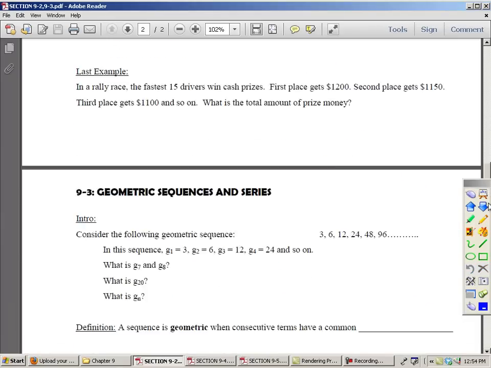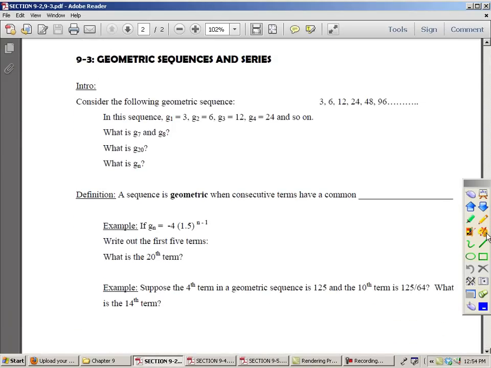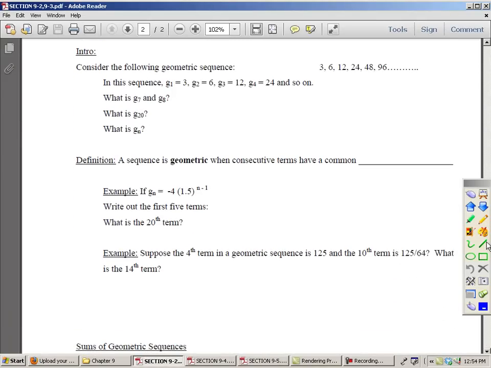So if you flip to the back side, we're talking about 9-3. All right, taking a look at this, geometric. We know that arithmetic means you add or subtract a number as you're going from one term to the next. Geometric means that you multiply.